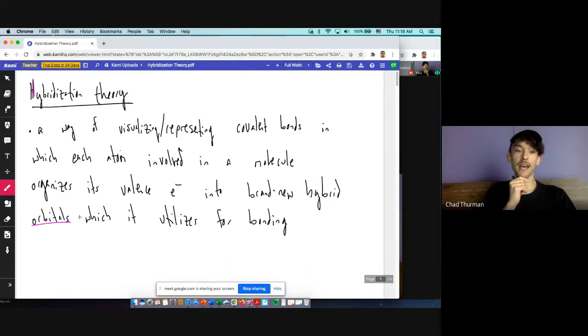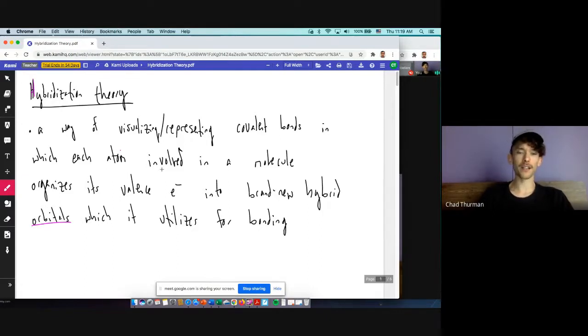And we know that a covalent bond is defined as a shared pair of valence electrons. Well, where are those electrons being kept? Where are they being held? In what orbitals? Hybrid theory tells us that when an atom bonds, it actually utilizes new orbitals. It utilizes hybrid orbitals to put those electrons, the shared or the unshared electrons.